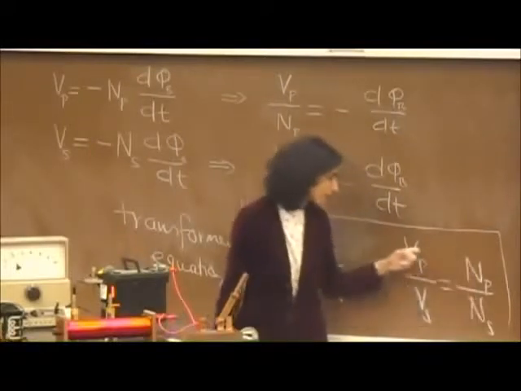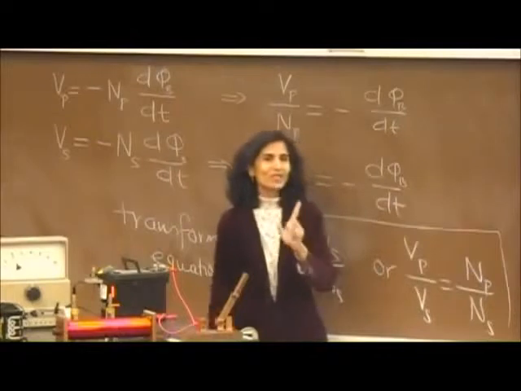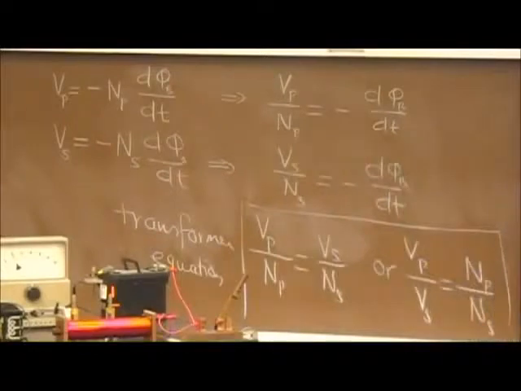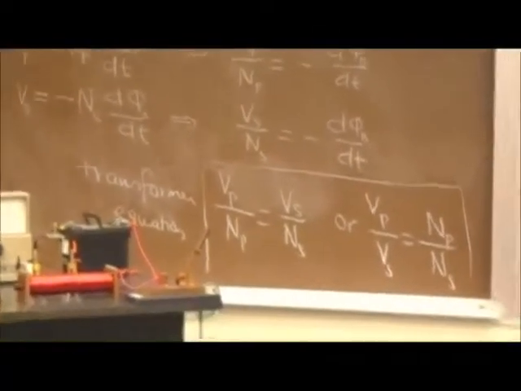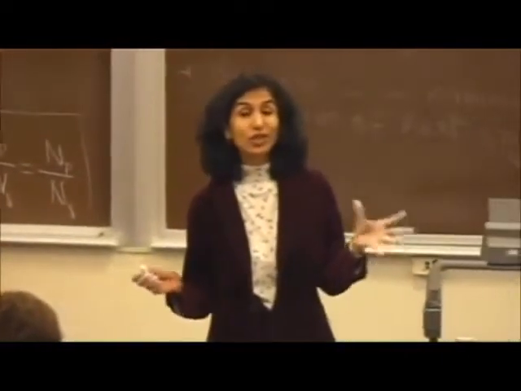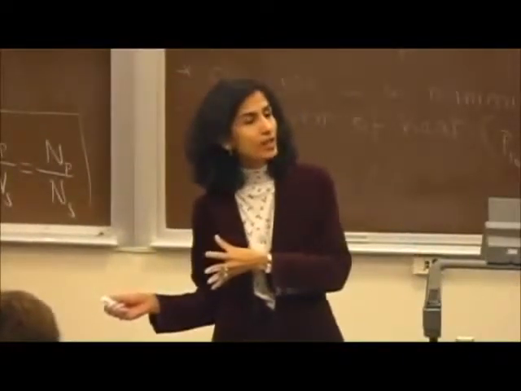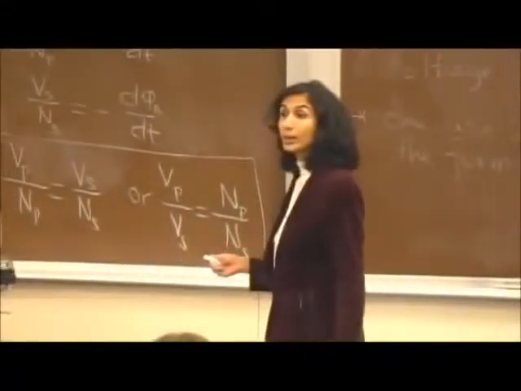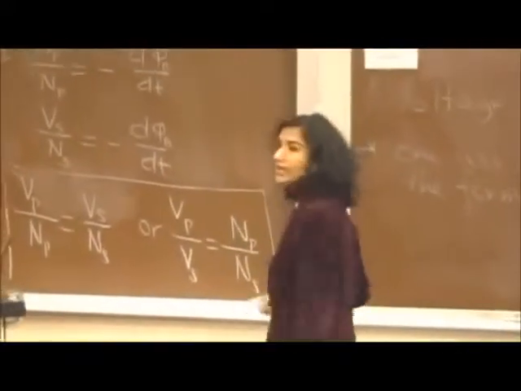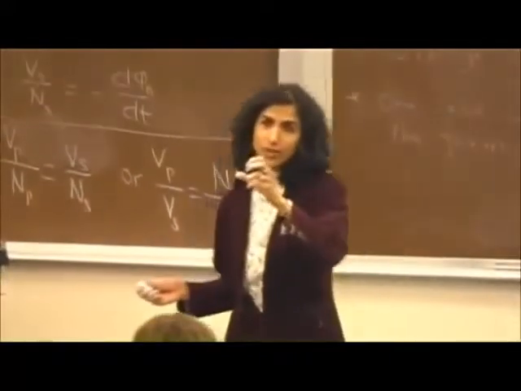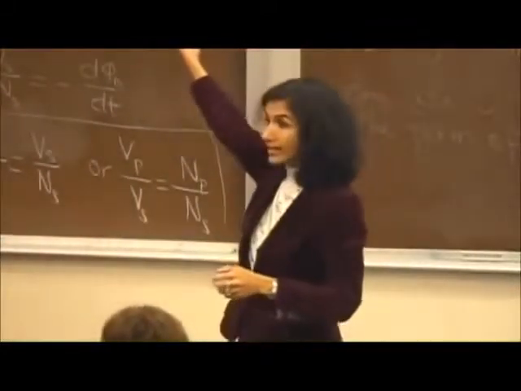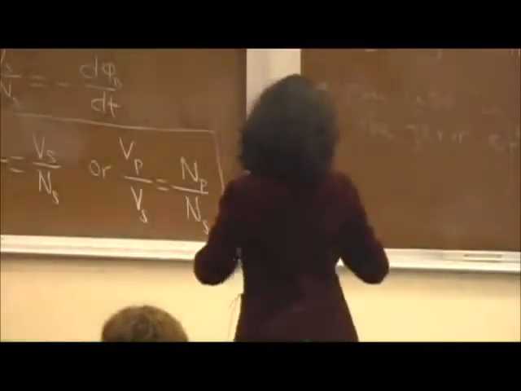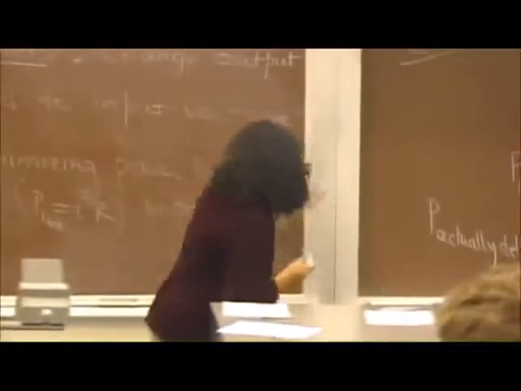If N_p is more than N_s, then V_p is more than V_s. So suppose I knew that my power supply has 120 volts coming in, and I wanted to use it for my hair dryer that only needs 3 volts, should I be using more turns in the secondary or fewer turns? I have to make a transformer like this, right? And in fact, it's already built into your hair dryer. Inside your hair dryer is already a transformer that has 2 coils like this that will do it. But what do you think? Should the secondary have fewer coils? Yes. We want the voltage to decrease, so in that case the secondary should have fewer coils.